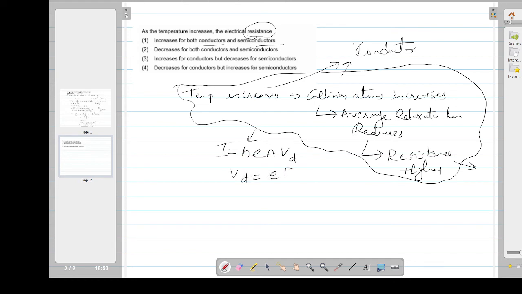This drift velocity is eτ E divided by m, where τ is our relaxation time. The relaxation time is directly proportional to drift velocity, and drift velocity is directly proportional to current, which means I is directly related to the average relaxation time.